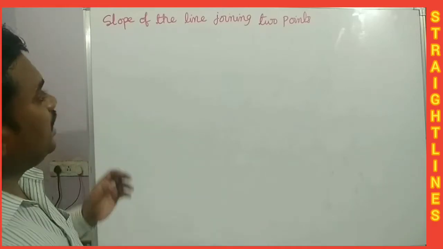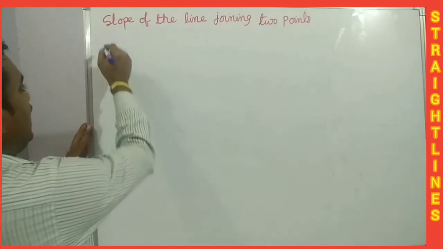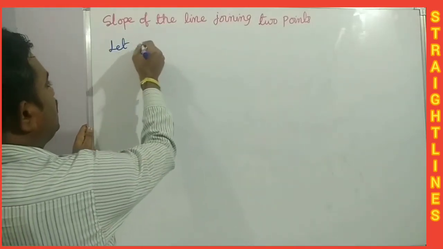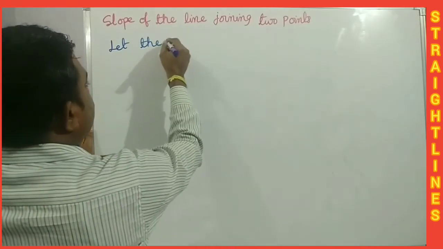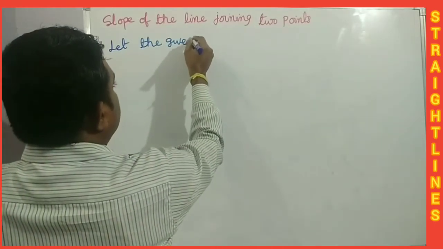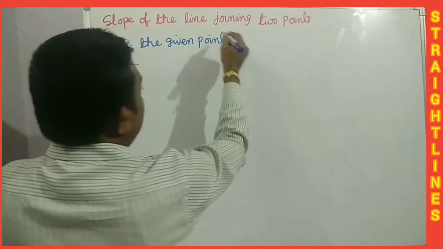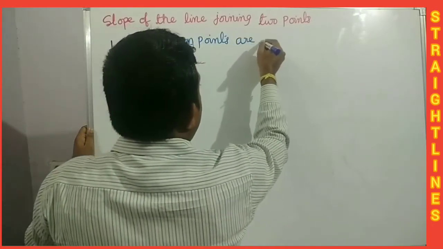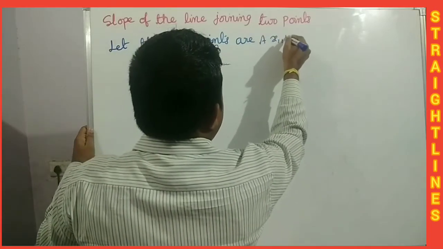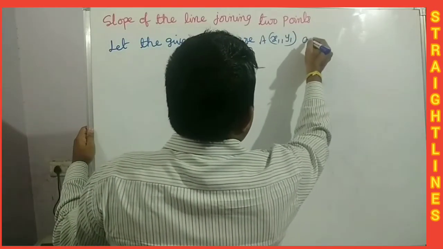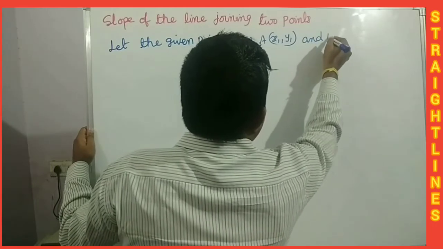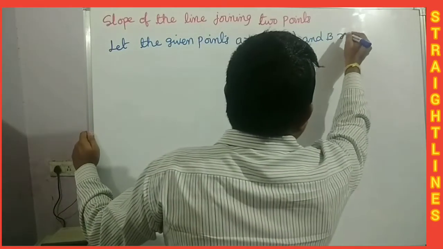Next, slope of the line joining 2 points. Let the given points are A x1 y1 and B x2 y2.